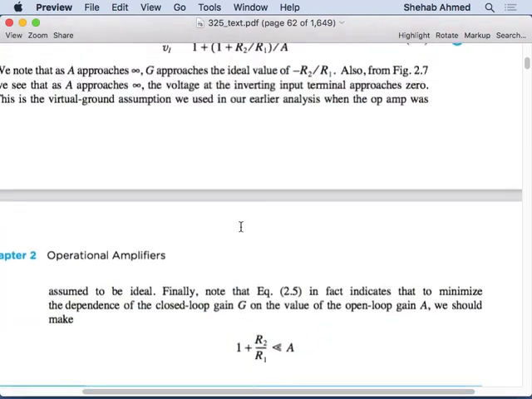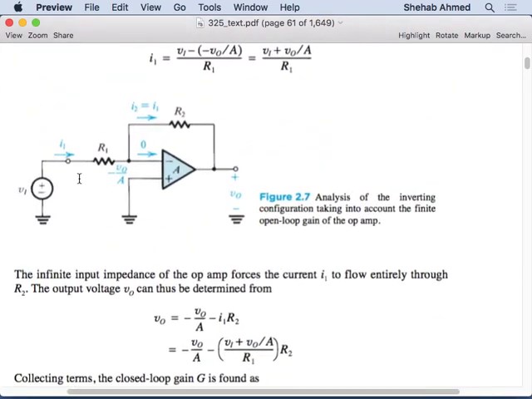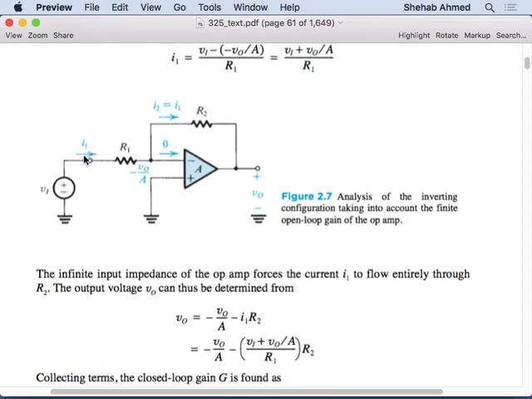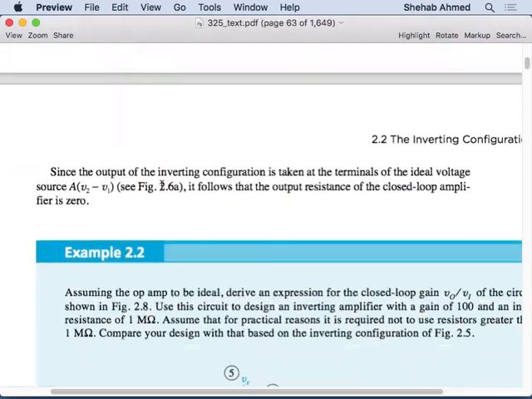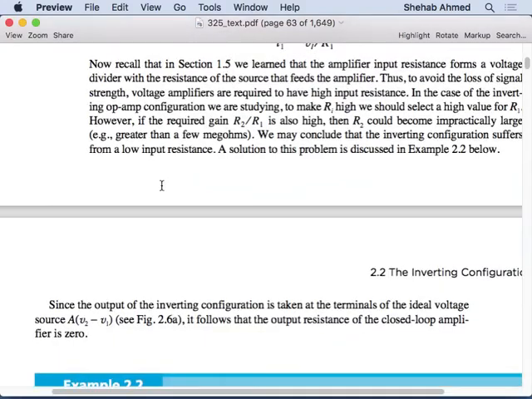Since we have negative feedback, this II is calculated from VI over R1, assuming that A is infinite. These are the assumptions for this value of infinite input impedance that they're talking about. So, is this good or bad?